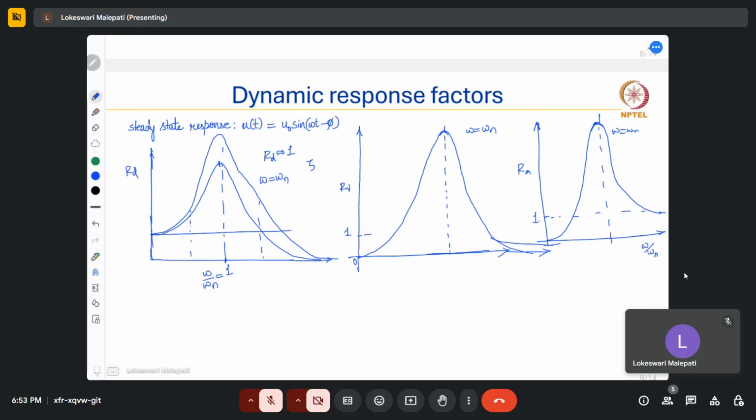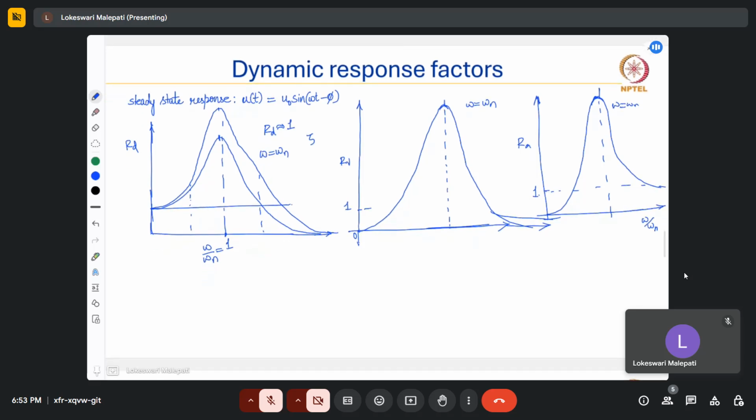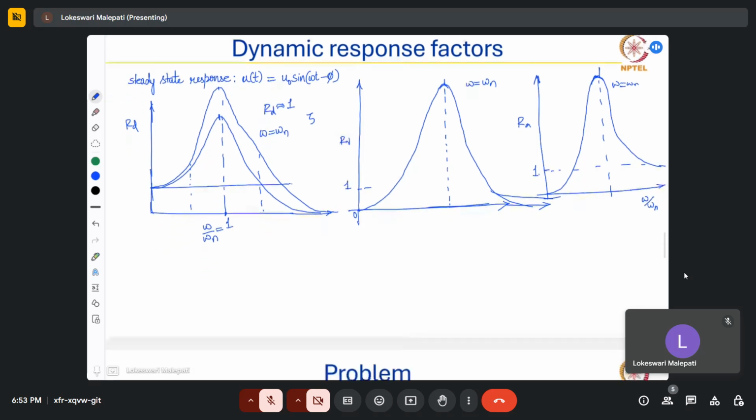In these plots, these points correspond to the global maxima of those response factors. Those we can obtain by differentiating with respect to the frequency ratio. So for example, we'll solve this for deformation response.